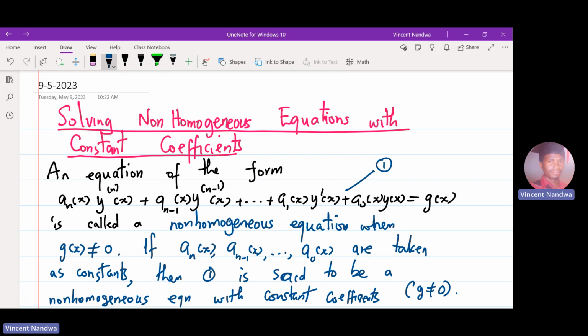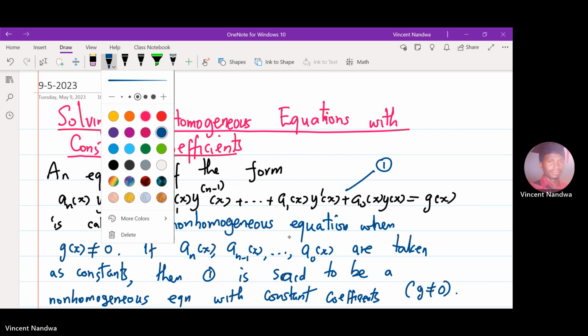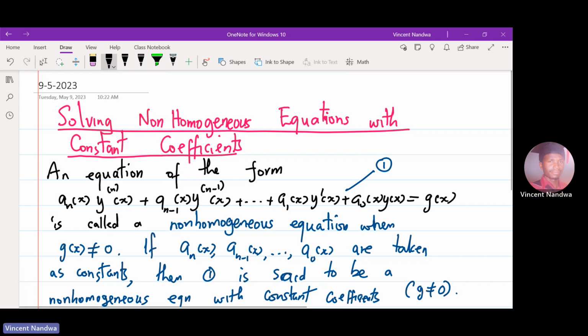The case where the coefficients of y and its derivatives are functions of x in the general form will be done in another course. But here our interest is only to solve equations when the coefficients are purely real numbers.